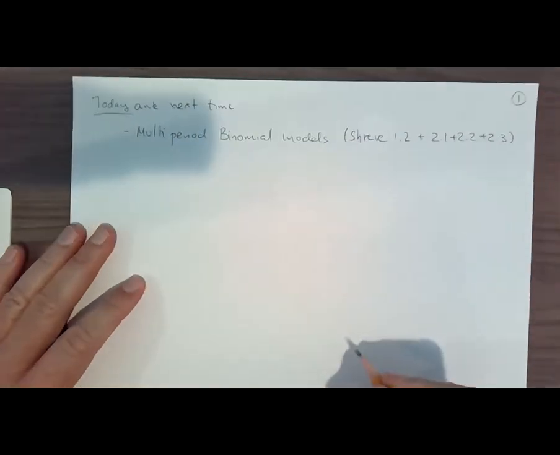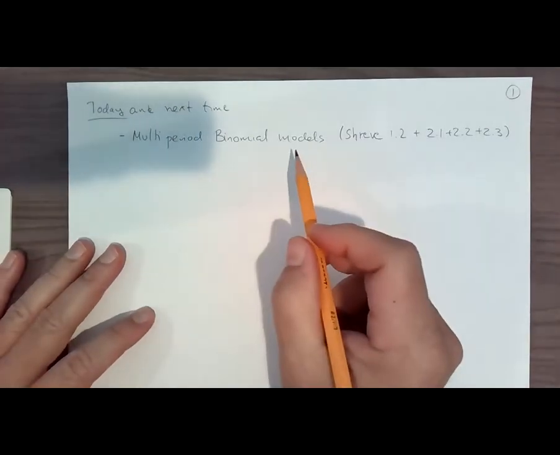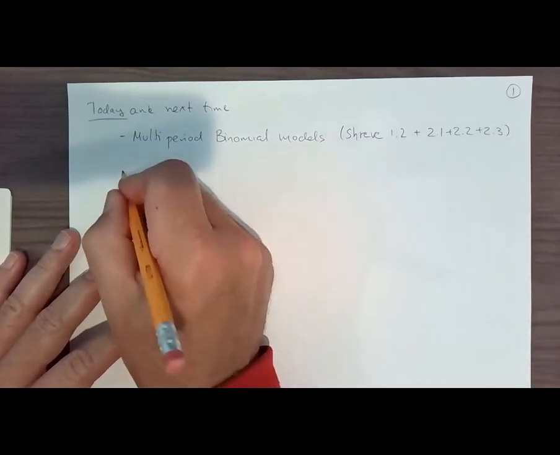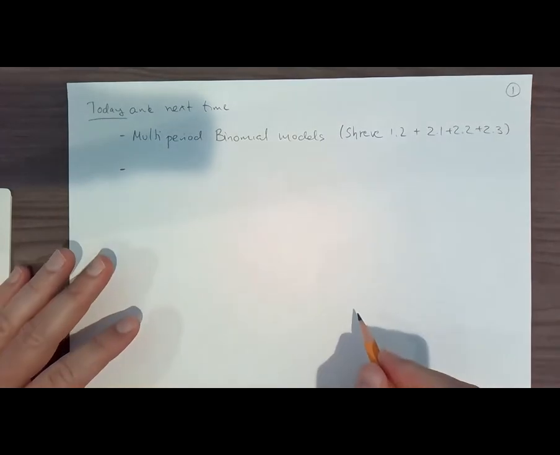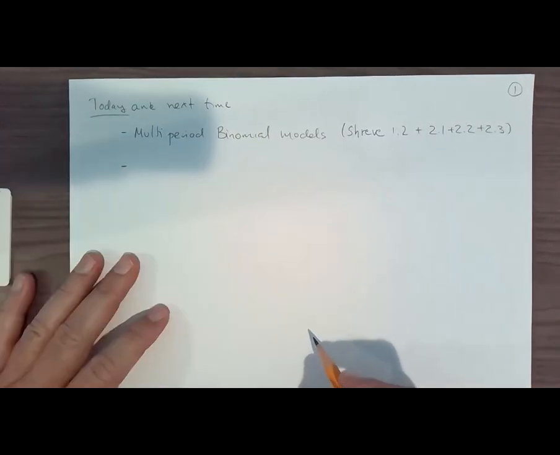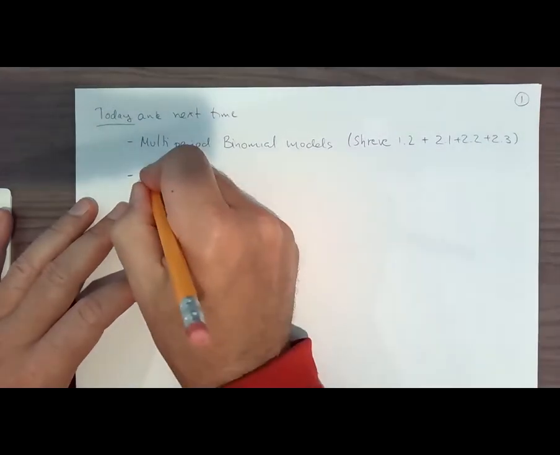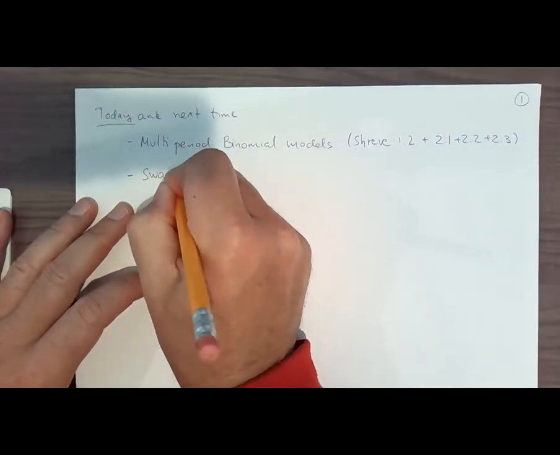So that's the first part of the lecture. This can be a little bit heavy. This is not easy at all. And so in the second part of today's lecture we're going to do something else. We're going to be looking at swaps.